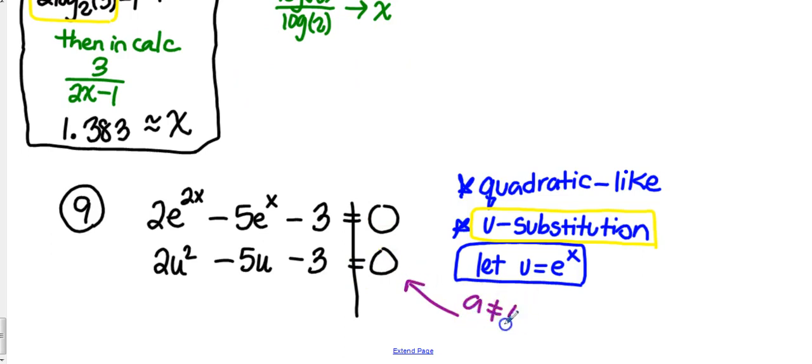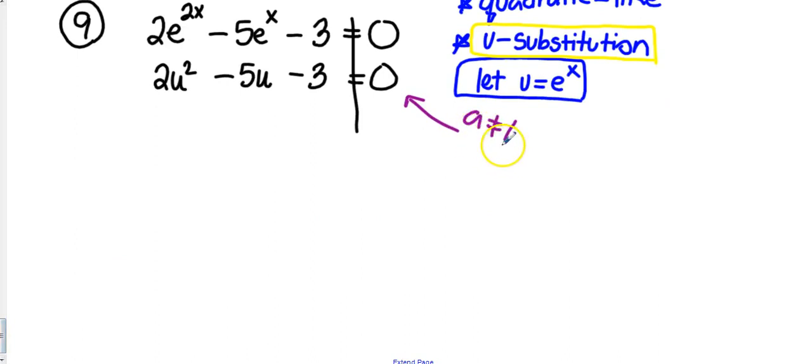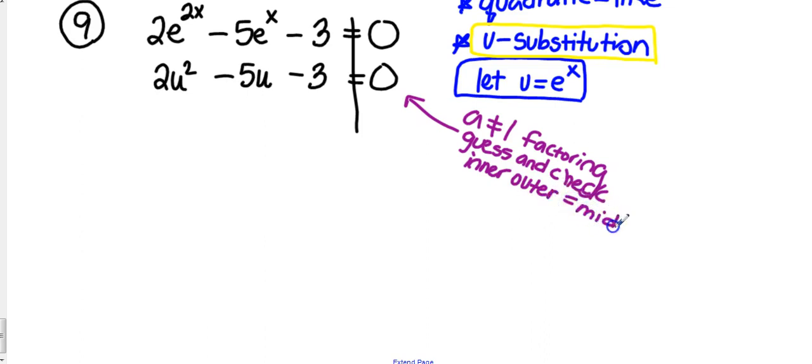Remember, A not 1. So it's going to be 2u and u.